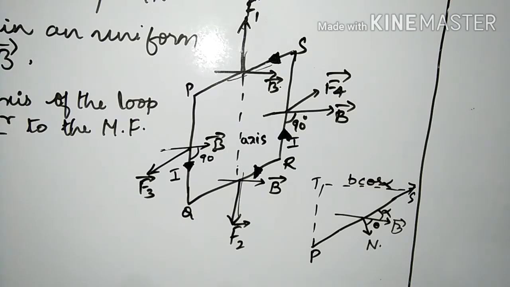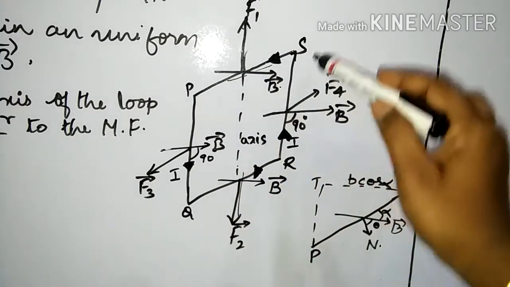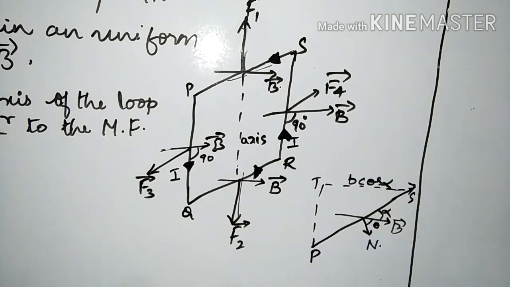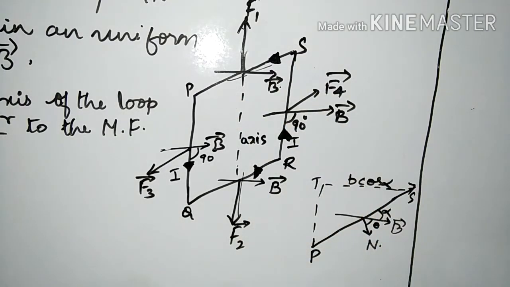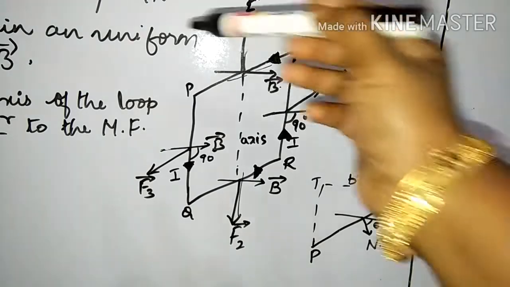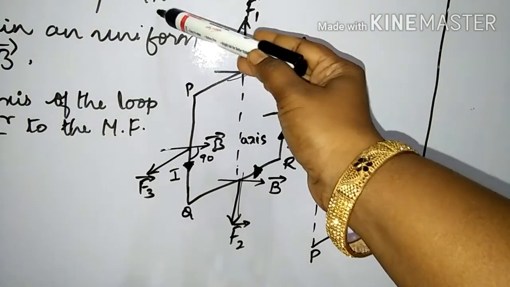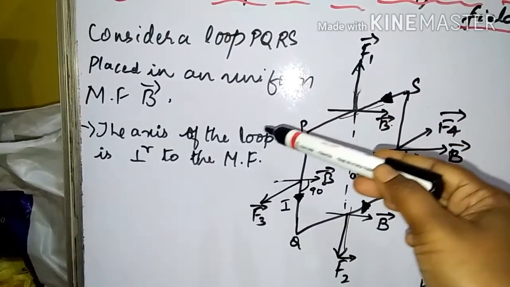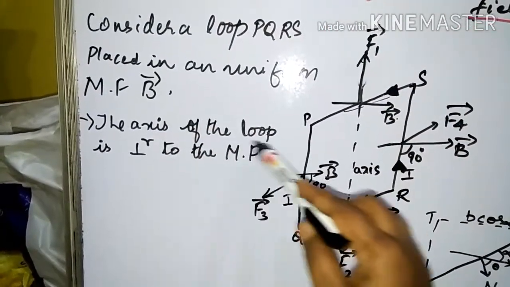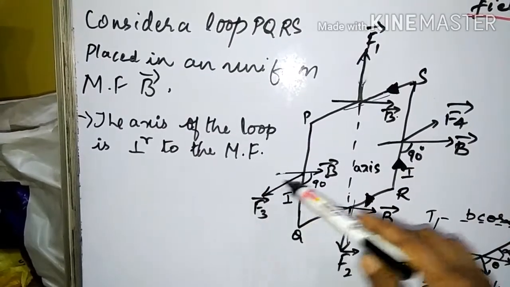Now PQ and SR we will take as the length of the loop, and QR and PS are taken as the breadth of the loop. Here we are considering the loop PQRS placed in a uniform magnetic field B vector. The axis of the loop is perpendicular to the magnetic field.